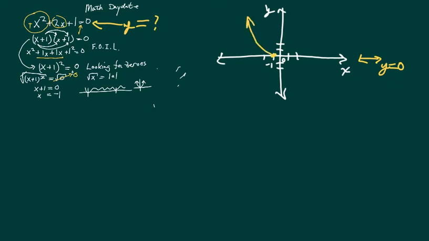Where does the other one go? How far up can I draw it? Does it touch the y-axis? Okay, let's remember the y-axis is also where x equals 0. Okay, that's a major hint right there.